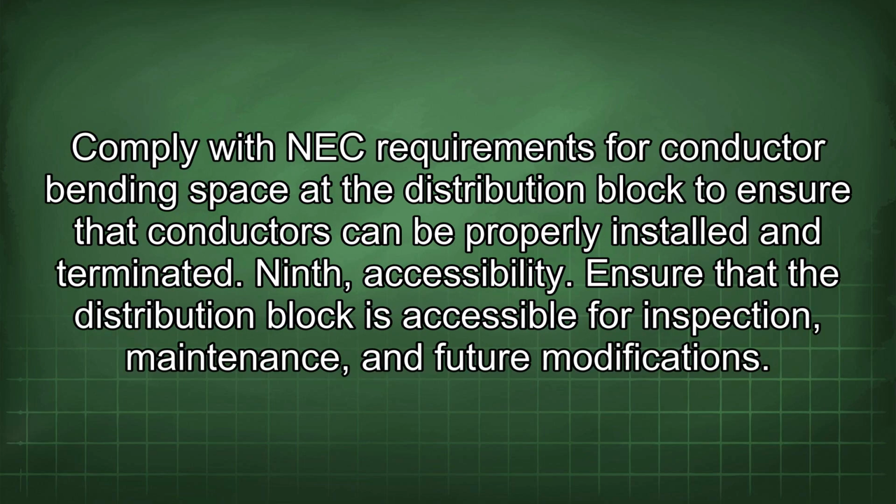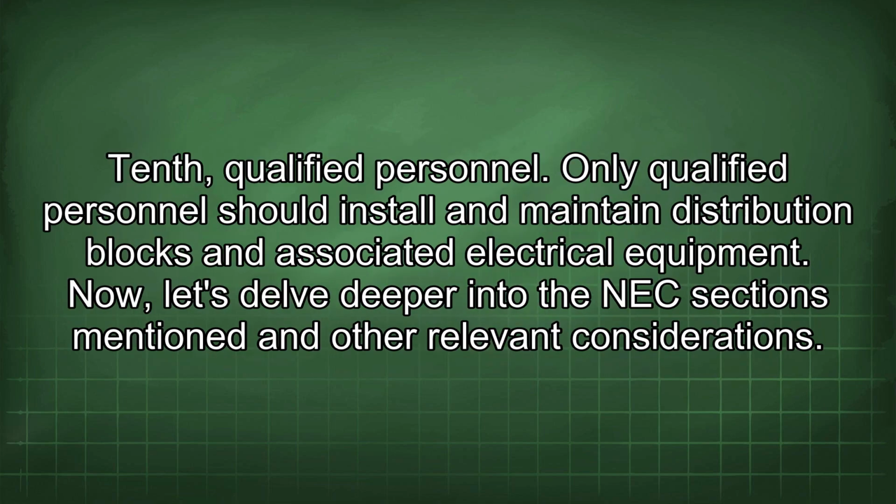Comply with NEC requirements for conductor bending space at the distribution block to ensure that conductors can be properly installed and terminated. Ninth, accessibility. Ensure that the distribution block is accessible for inspection, maintenance, and future modifications. Tenth, qualified personnel. Only qualified personnel should install and maintain distribution blocks and associated electrical equipment.